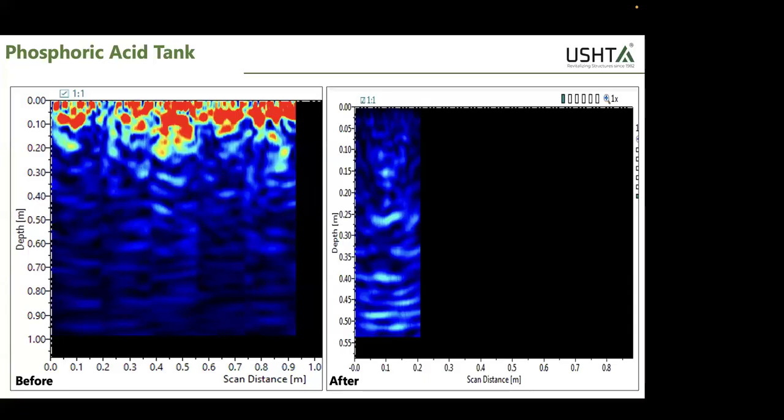In UPV, you have one transducer and one receiver. In tomography, you have 24 channels. One channel sends signals to the other 23, and similarly the others send to the rest. So it's like an X-ray or a CT scan. You can see through the concrete, where the voids are and how much is the proportion of voids. Everything can be seen, sir.